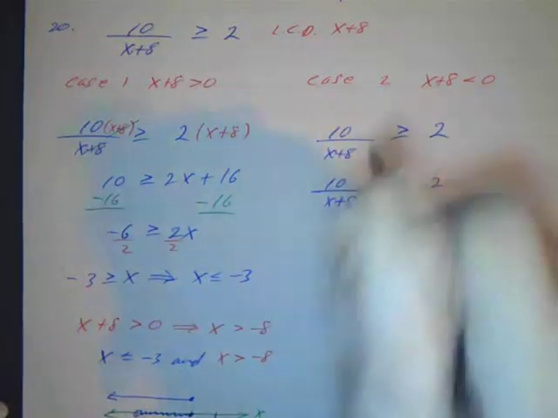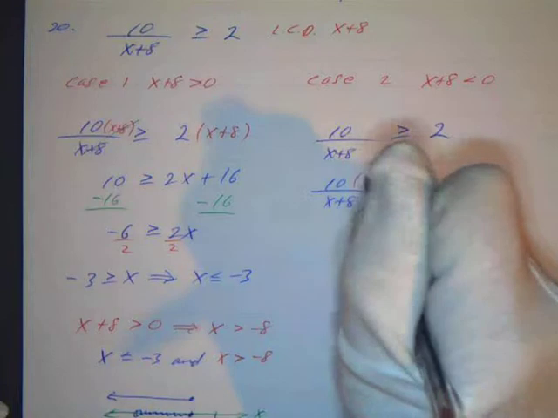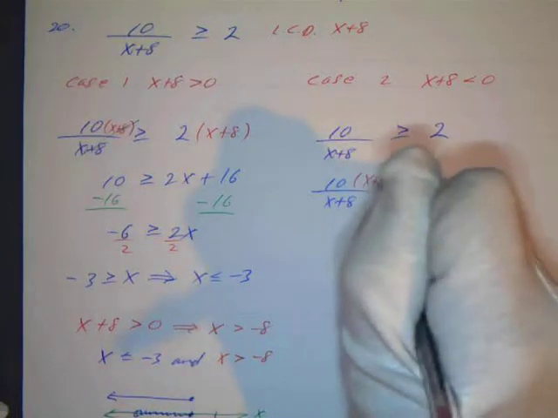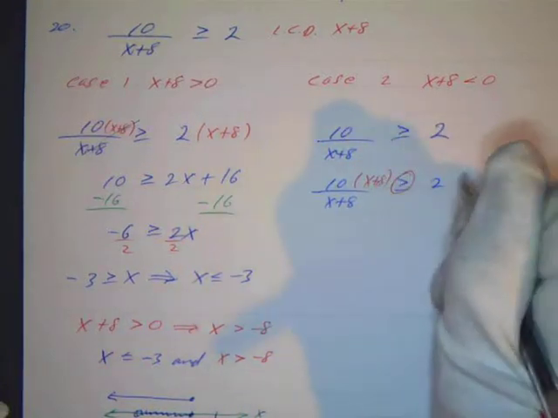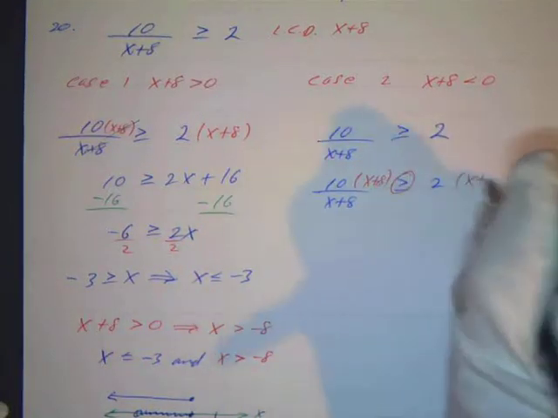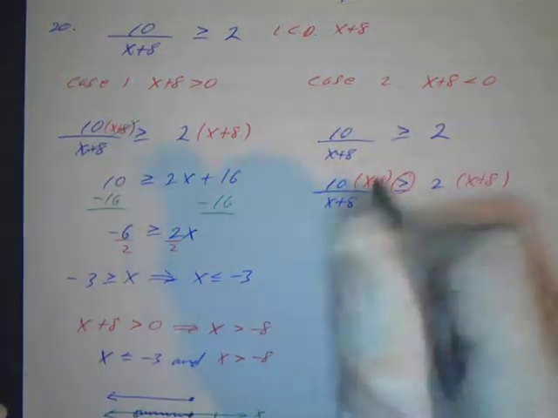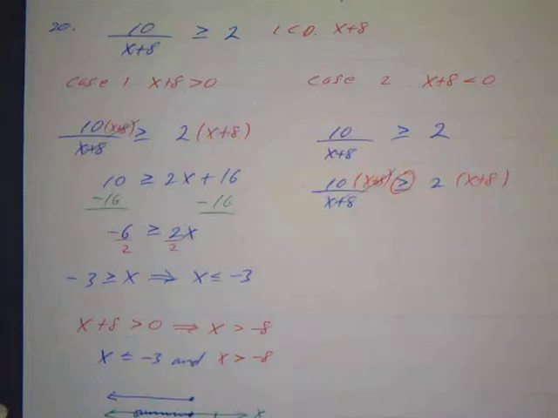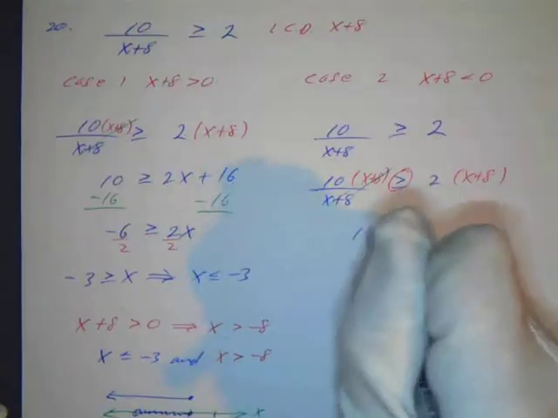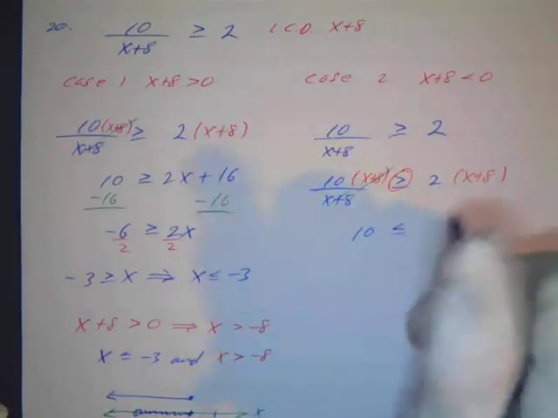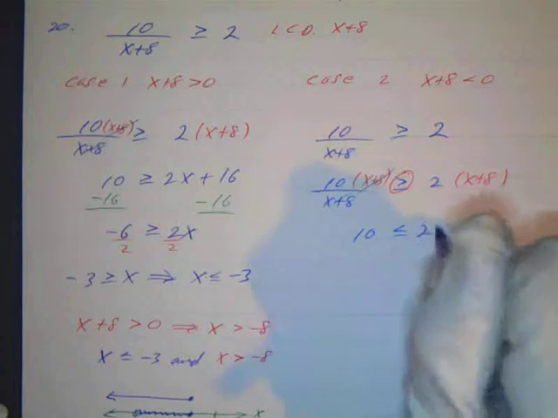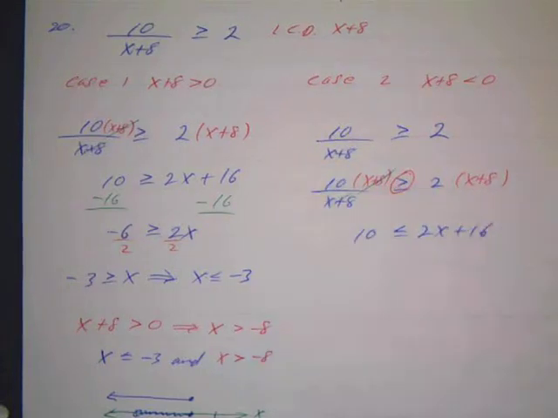So when I multiply both sides by my x plus 8 in this case, since it's negative, I've got to circle my inequality because I'm going to change the direction. And now these x plus 8s become 1. So now I have 10 is less than or equal to 2x plus 16.